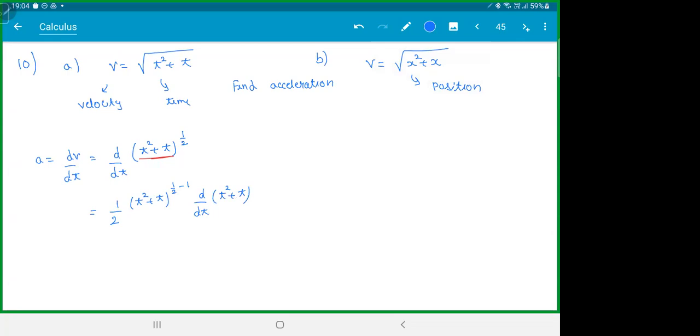I'll send you a practice sheet on this chain rule and all this stuff, so make sure to do it. So this will be half into that guy comes in the denominator, root over t square plus t, and that will be 2t plus 1. Check. See where you guys goofed up. No, you won't get 2 in the numerator. 2t plus 1 it is. And this 2 won't get cancelled. Check it out. 10a. Anyone has a doubt on that, please ask me.